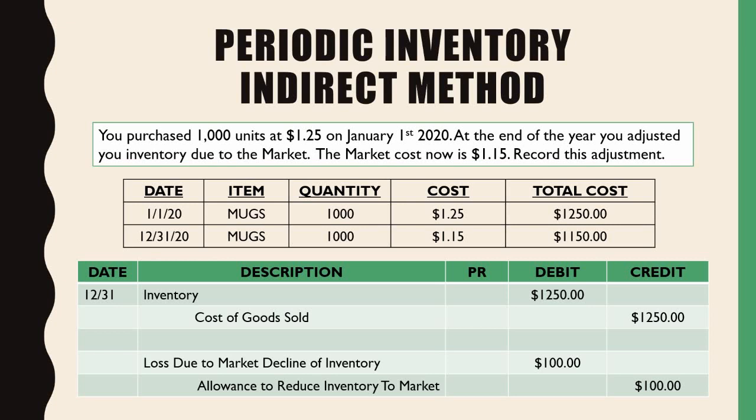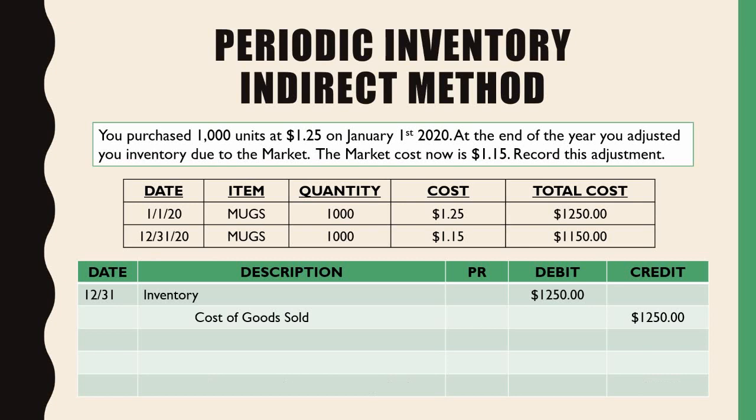When we recognize our inventory at the end of the year, we're going to debit our inventory as usual, doing our conversion process here, but at the same time, we're also taking it out into our cost of goods sold. So there you go. That's the only difference between the direct and the indirect. With one of them, you're strictly not even acknowledging the original cost.